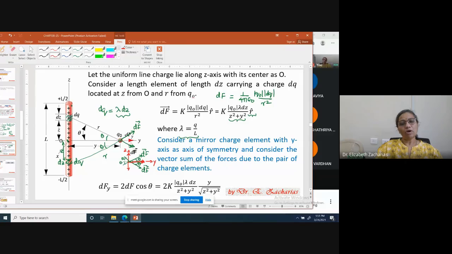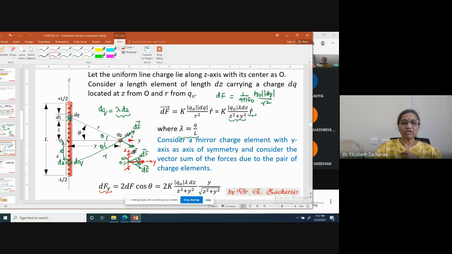Now, what will these be? Along the z-axis, the components are equal and opposite, and they will cancel out. But what is along the y-axis will be two parallel vectors. You can construct a right angle triangle and show that along the y-axis, what you get is 2 dF cos theta.